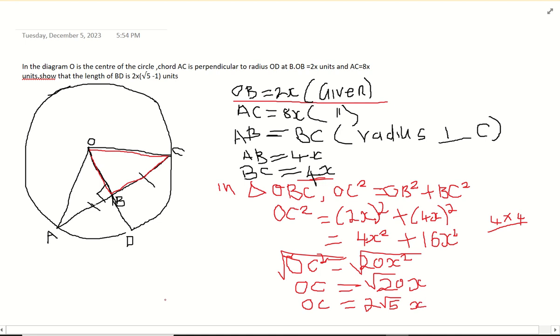Then we will say BD, which is the value that we are looking for. BD is equal to OD, which is this radius from the center of the circle to the line of the circle, OD minus OB.